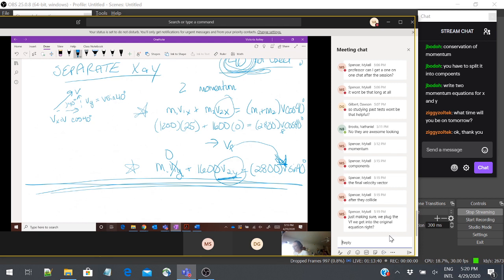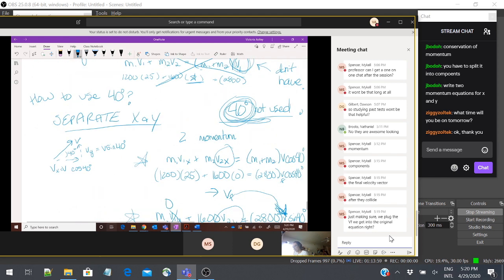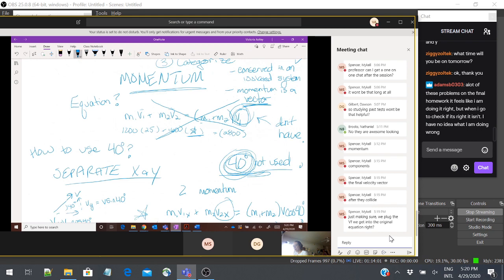I would say 90% of students did 1200 times 25 plus 1600 times v equals 2800 vf, and then tried to solve for v, but it doesn't work because it's two-dimensional. So this is where the things you know about momentum comes in. Momentum is a vector.